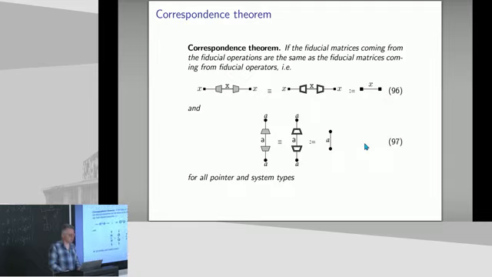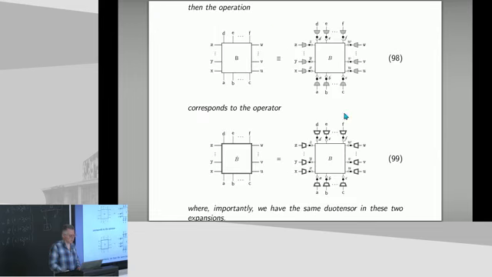Okay, so now we can state the correspondence theorem. Which is this. If the fiducial matrices coming from the fiducial operations are the same as the fiducial matrices coming from the fiducial operators, so this is true for pointers and this is true for systems, then this operation, which is expanded like this, corresponds to this operator, which is expanded in the same way with the same duotensor living in the middle.